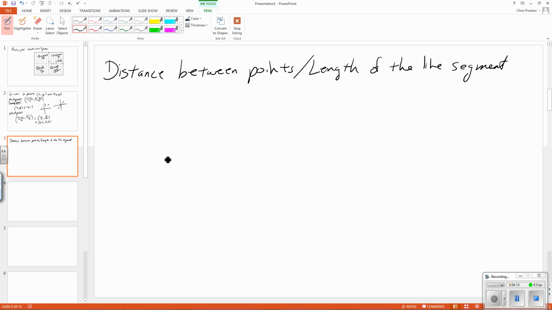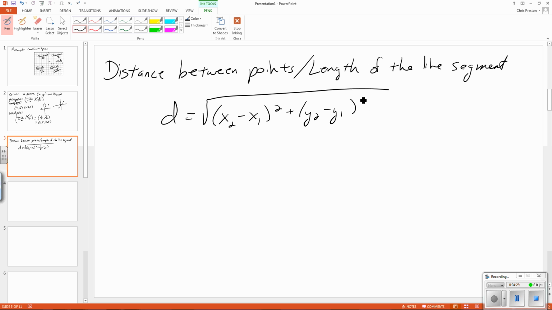Either way, how far away are they from each other? Now this formula is a little less intuitive, at least initially. The distance equals the square root of x2 minus x1 quantity squared plus y2 minus y1 quantity squared.